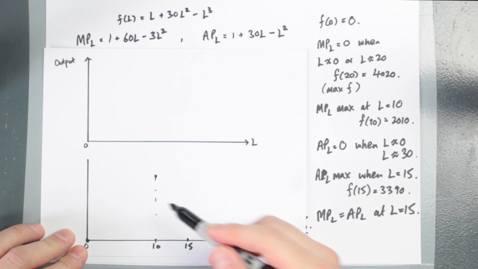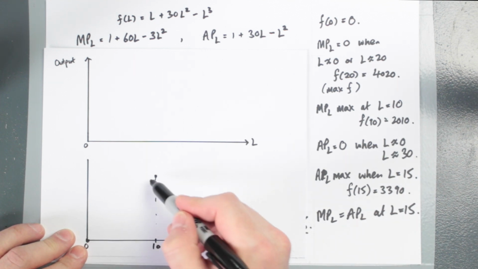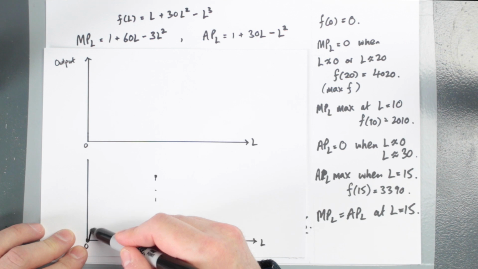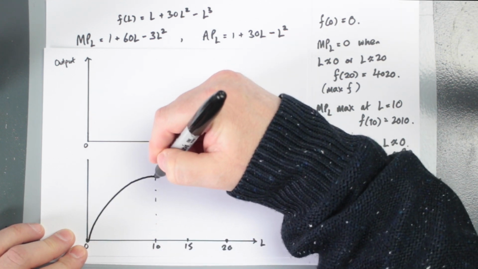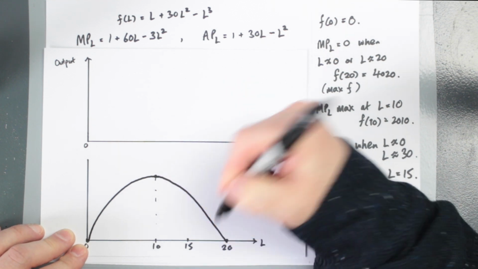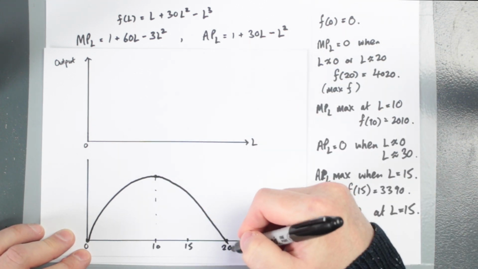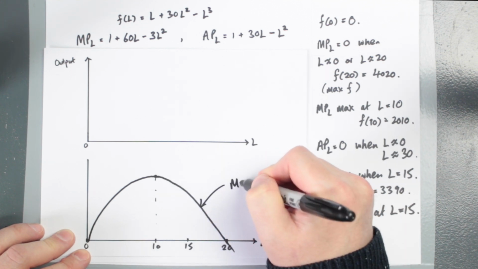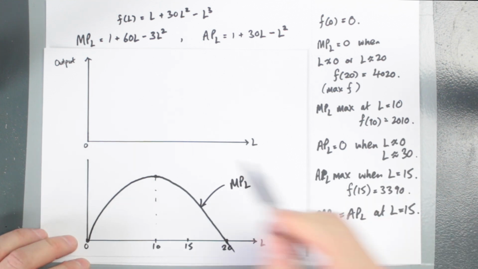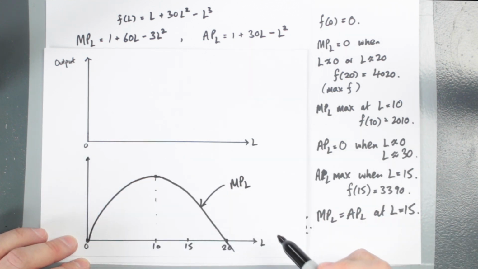Okay, so if I just take these into account now and draw something that captures those basic ideas, and then comes down to 20, and then is negative afterwards. So this here is a reasonably accurate drawing of the MPL curve.